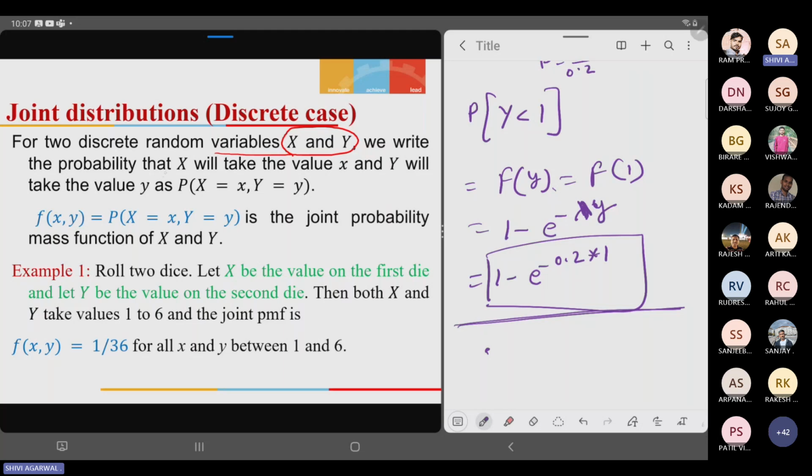So we write the probability that X takes the value small x and Y takes the value small y. So f(x,y) is the probability when X is equal to x and Y is equal to y, the joint probability mass function for X and Y.